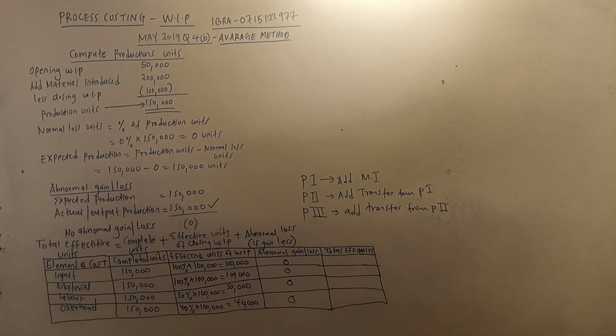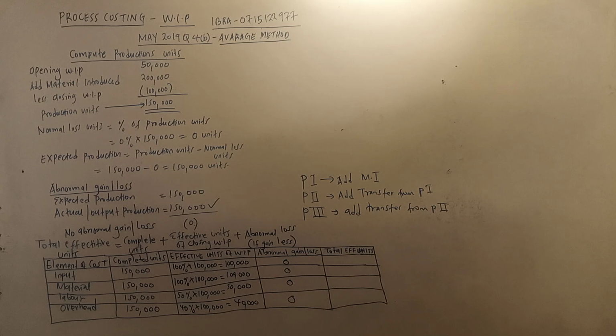To get the total effective units, you add completed units plus effective units plus abnormal gain or loss. But remember, if you find a gain, you are supposed to subtract. A loss, you add; a gain, you subtract.